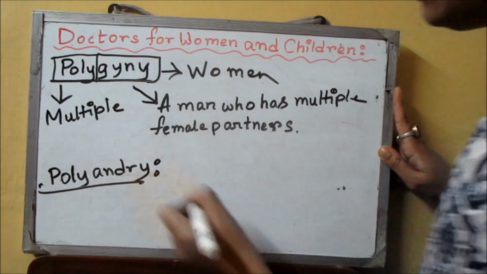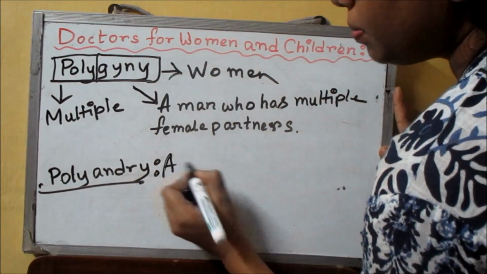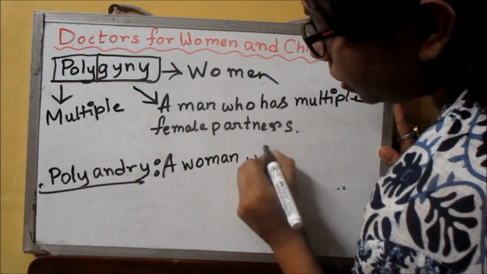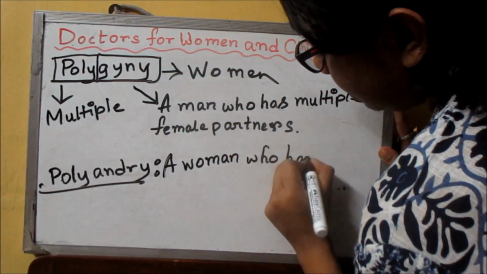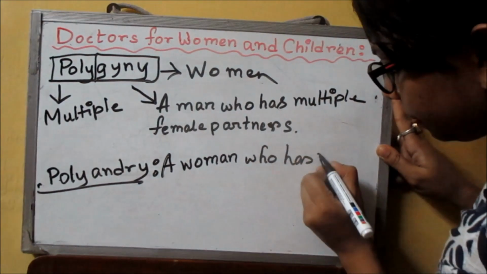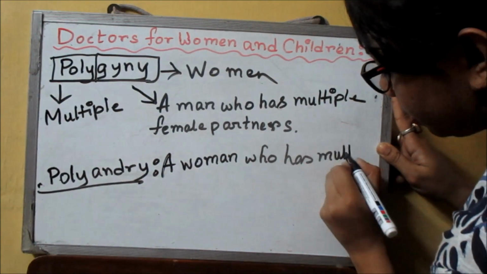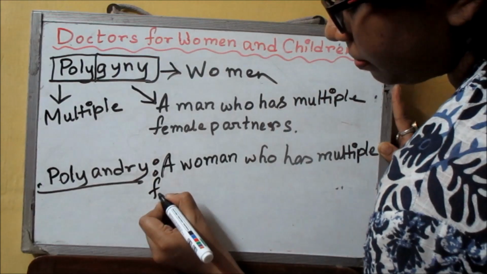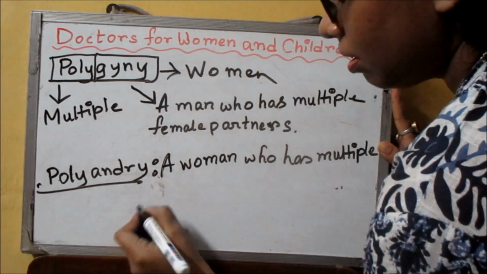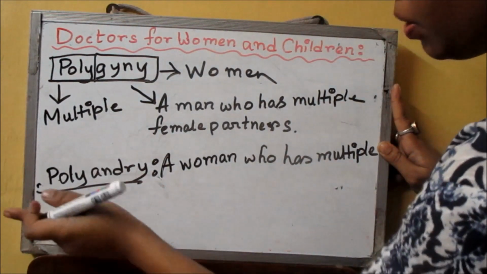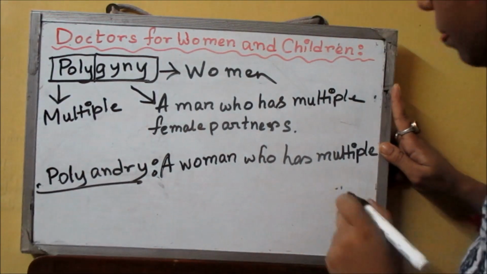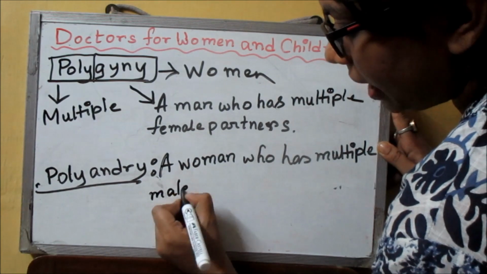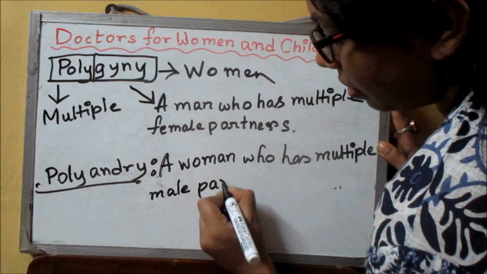The word polyandry refers to a woman who has multiple male partners.